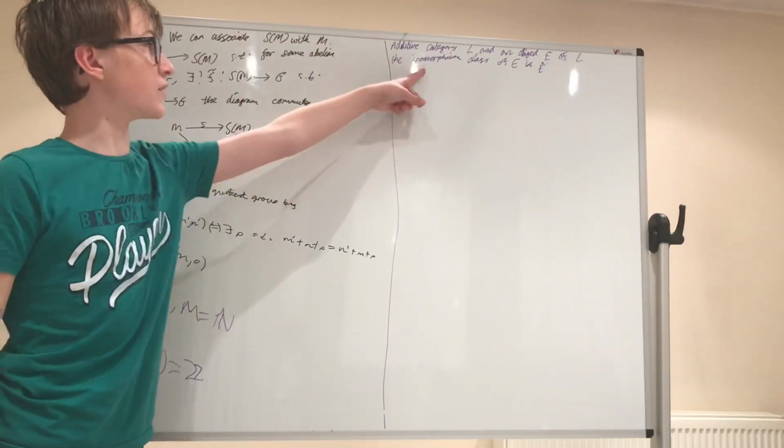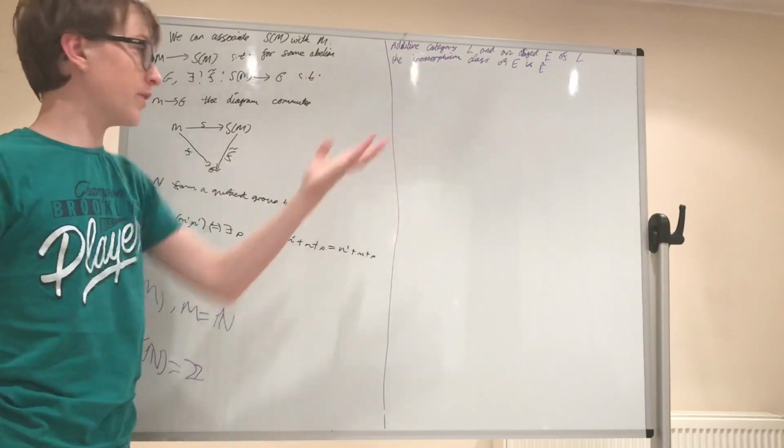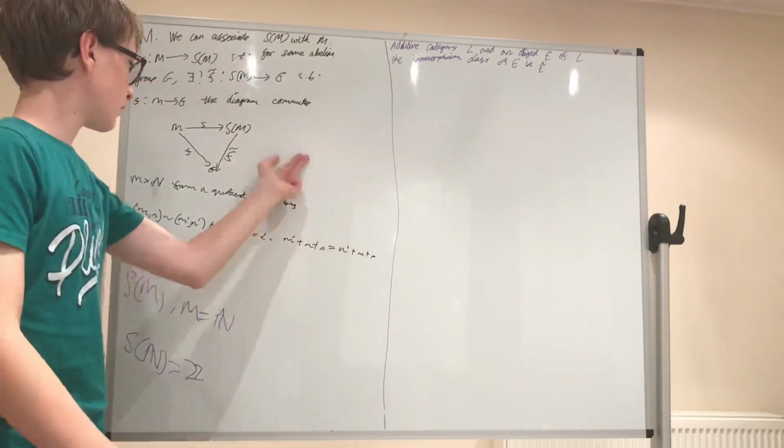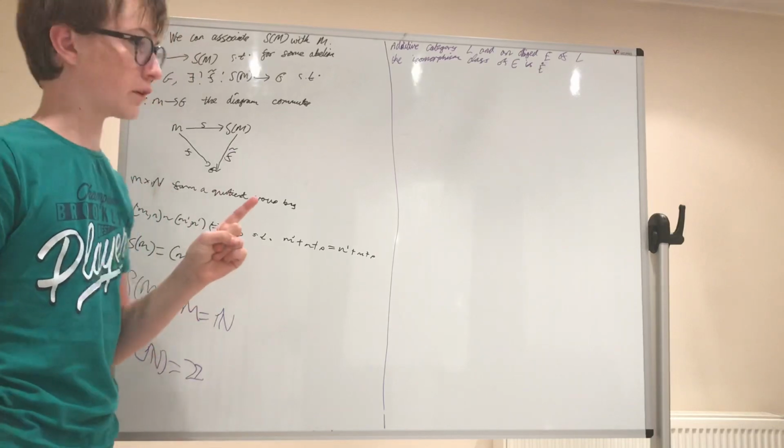Now, we can easily make L a monoid, and then we can use this construction to form the Grothendieck group, okay?